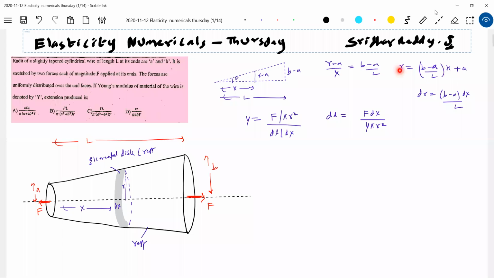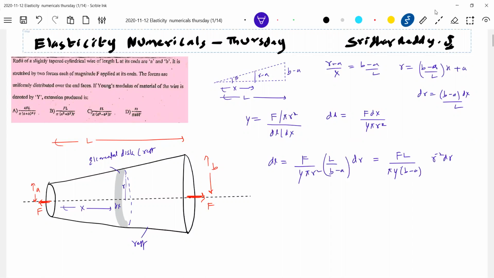So dr is equal to (B minus A) by L dx, since x is variable. Integral of the derivative of R will be dr. dx I'll replace. This will be F into L by (B minus A) into dr. So dl equals F L by pi Y (B minus A) times r to the power of minus 2 dr.